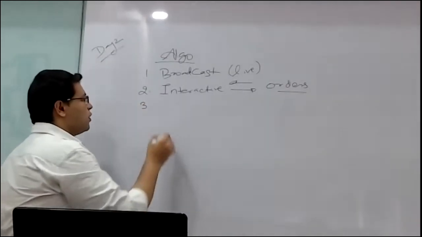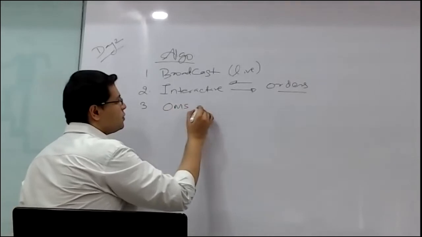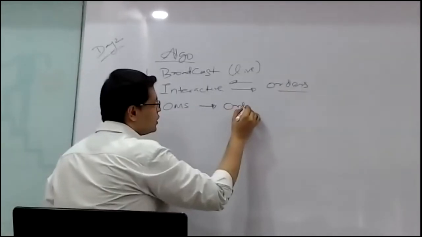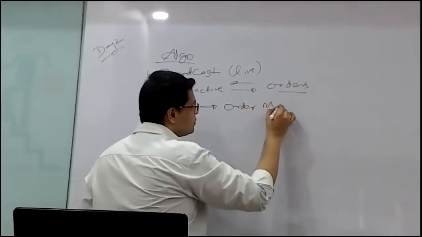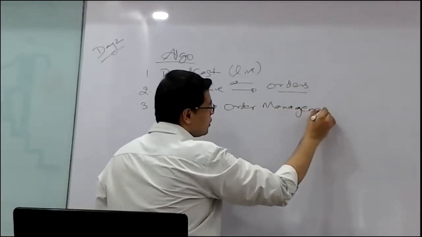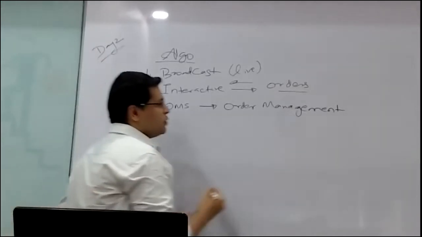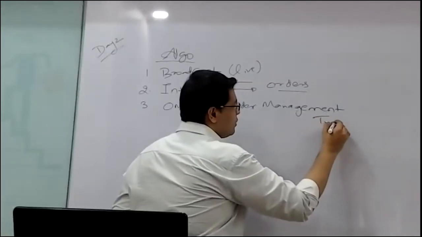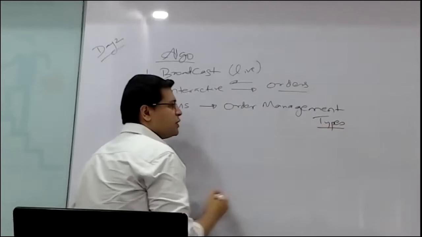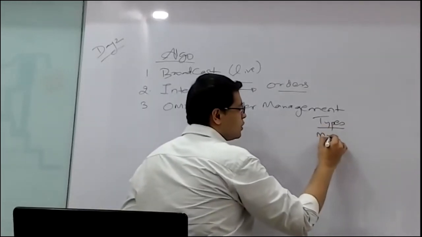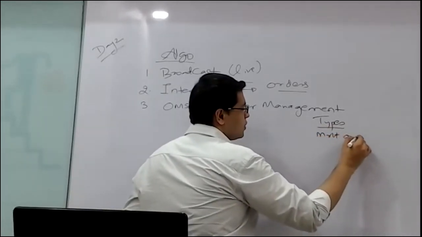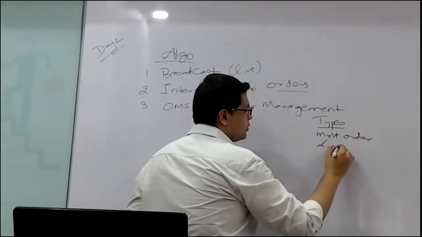Then we had OMS, which basically takes care of order management. In order management, there are different types of order. So we learned that the types of order are basically the market order. You also have limit order.